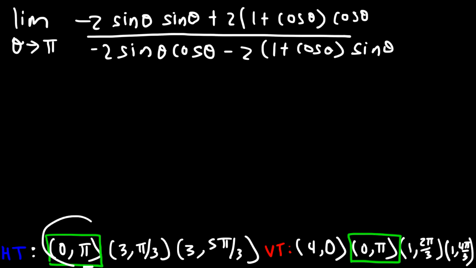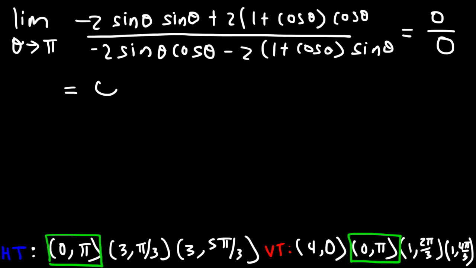Now the way we got this answer was by setting the numerator equal to 0. And the way we got this answer was by setting the denominator equal to 0. Therefore, if we plug in pi at this point, we're going to get 0 over 0, which could be 0, it could be infinity, it could be doesn't exist, we don't know.